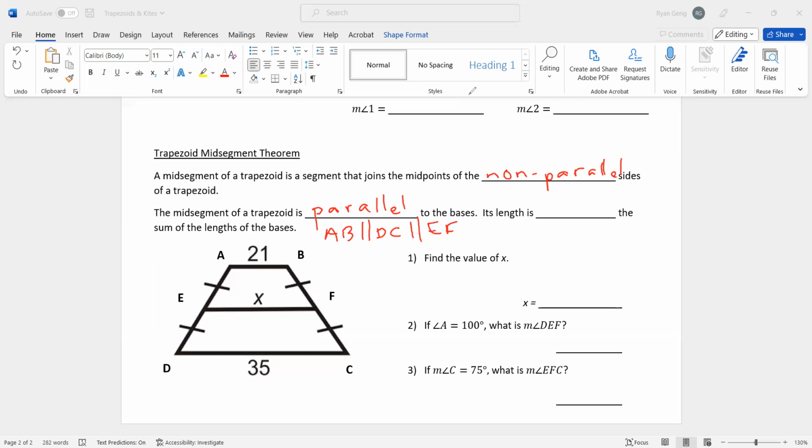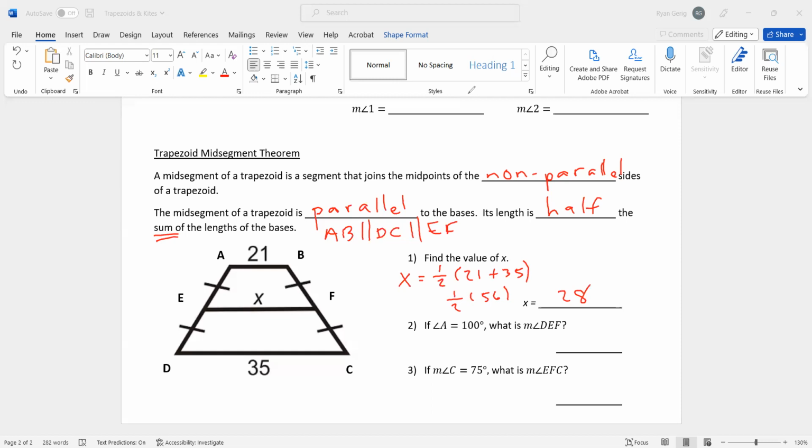The length of the midsegment is half the sum of the bases. So that's what we're going to do right away: the length, X, find the value of X. So X equals half the sum of the bases. So 21 plus 35. So 21 plus 35 is what, 56? So half of 56 would be 28.